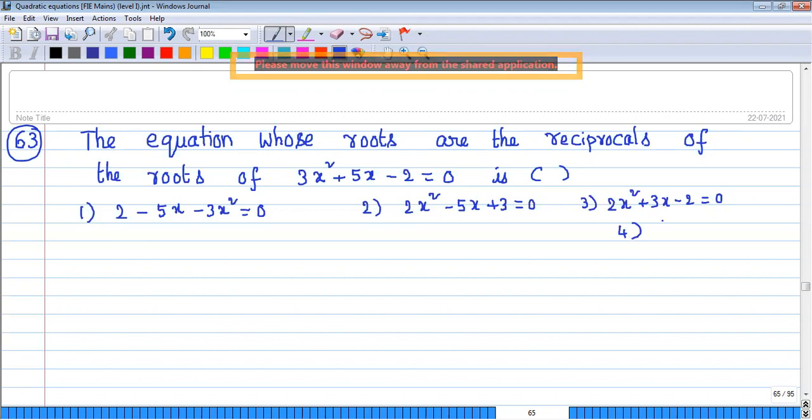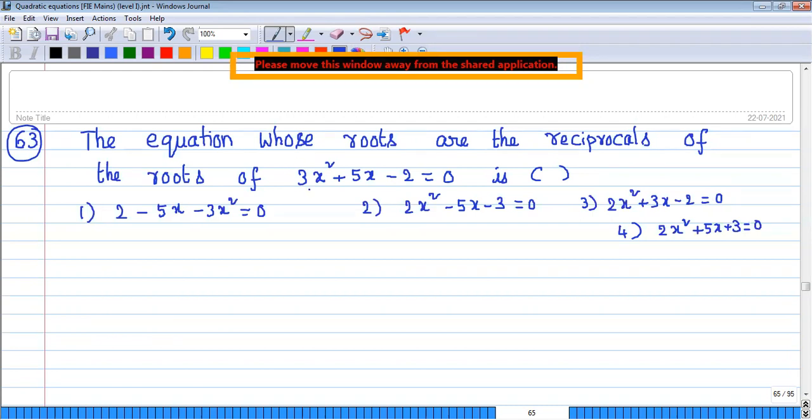Fourth option, 2x square plus 5x minus 3, no, 2x square plus 5x plus 3 equals 0. Same question, just like 62.